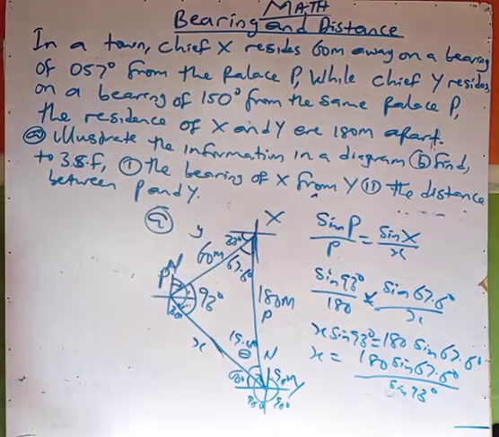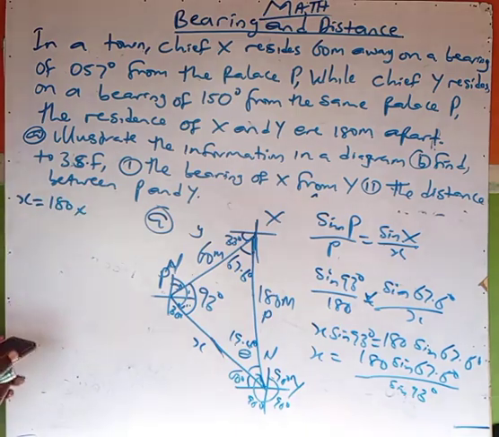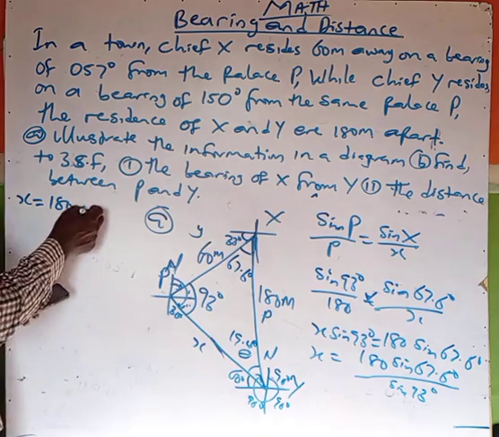So that is that. Let us finish the rest here. So you will have x equal to 180 times sine 67.6 degrees.